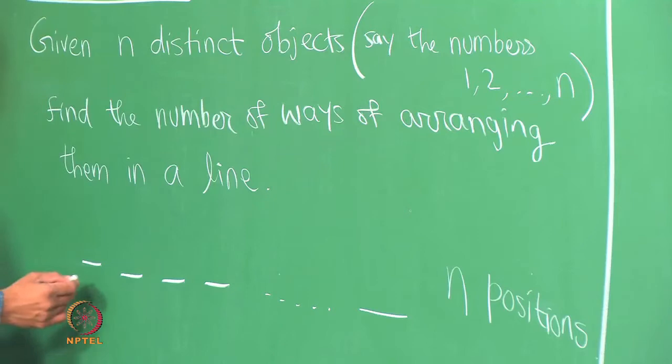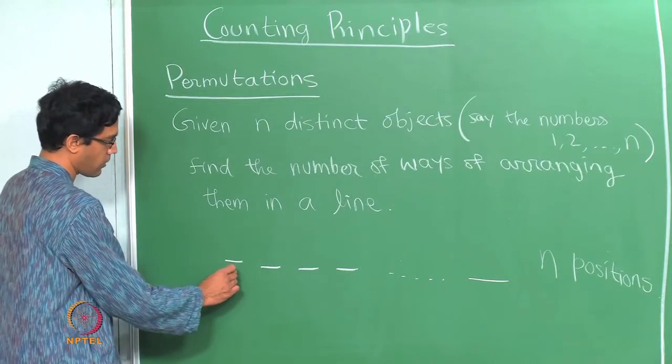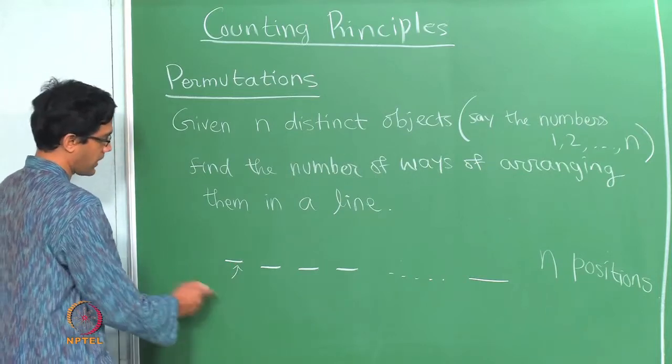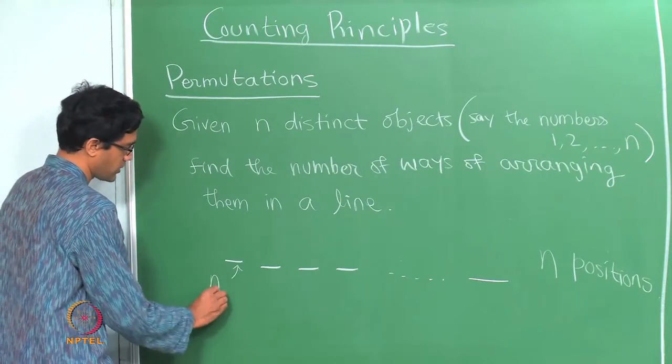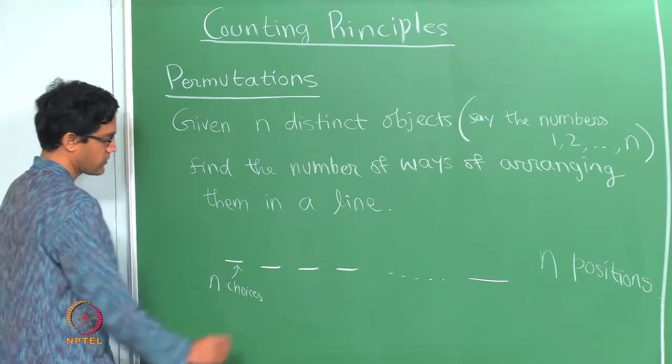So the number of ways of doing this is given by the usual counting principle, which is sometimes called the product principle. You first figure out how many ways there are of filling the first position. You can put any of the n distinct objects, so here there are n choices for filling the first position.